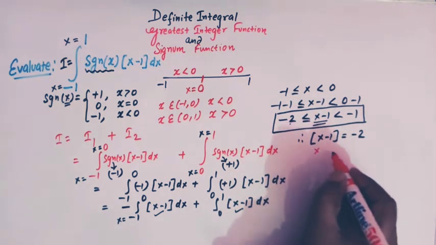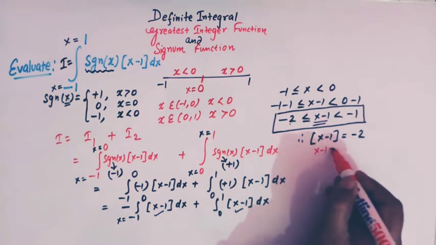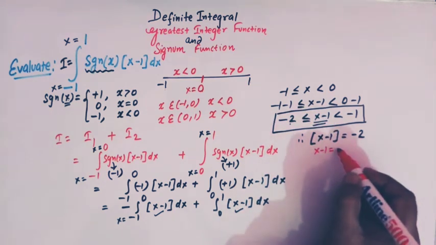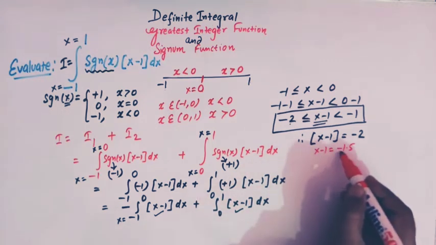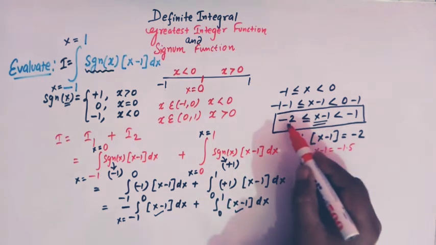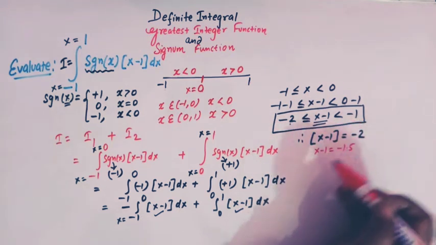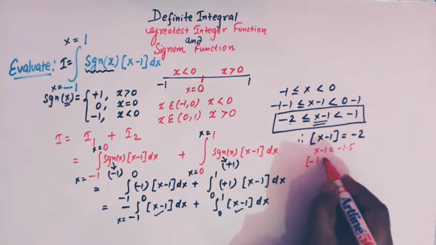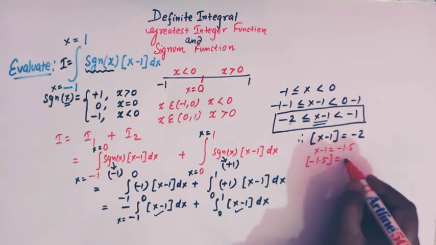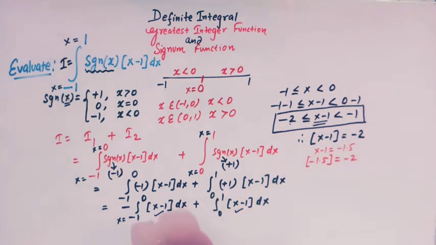For example, if we take x minus 1 as minus 1.5, because minus 1.5 lies between minus 2 and minus 1, therefore the value of greatest integer minus 1.5 is equal to minus 2, right?